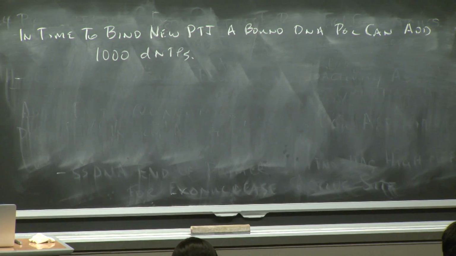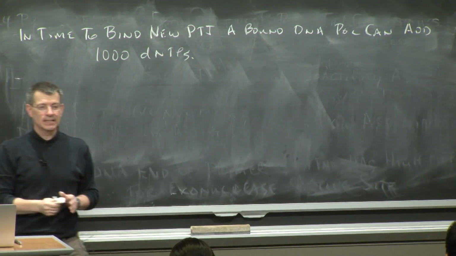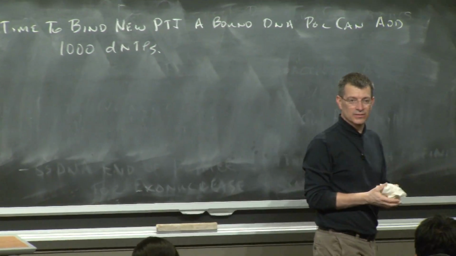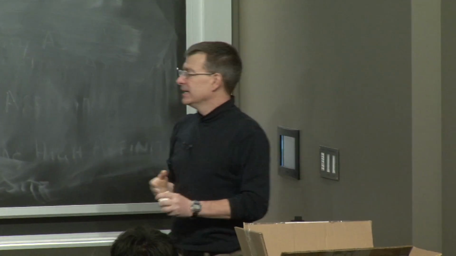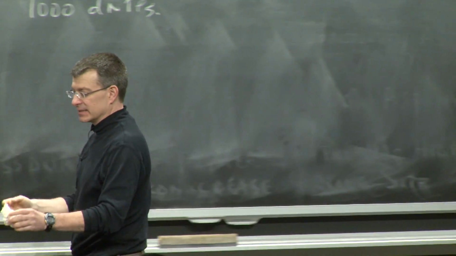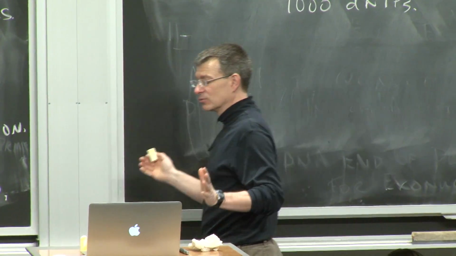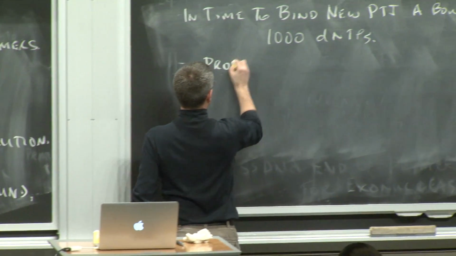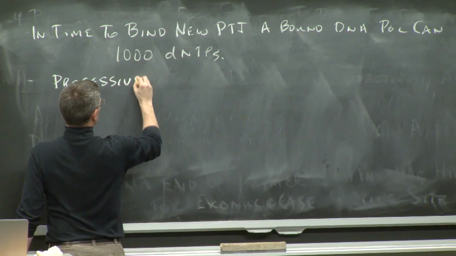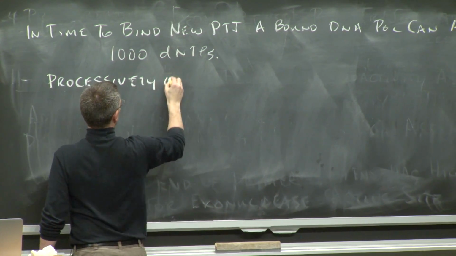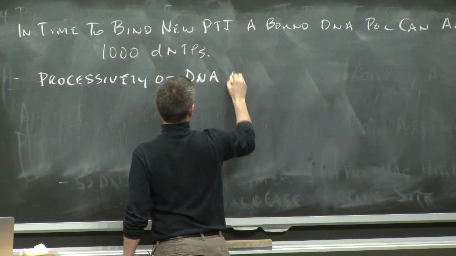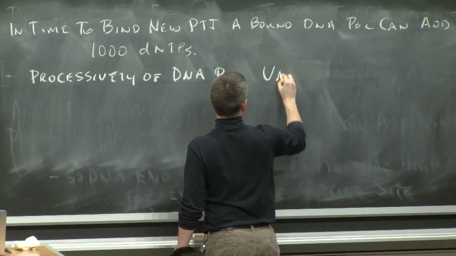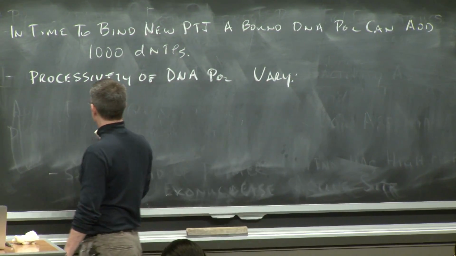Okay, so obviously if you just want to make a lot of DNA, you'd like to have a processive DNA polymerase. Okay? And in fact, what you find is that DNA polymerases have widely varying processivities. And it varies based on the function of the polymerase.